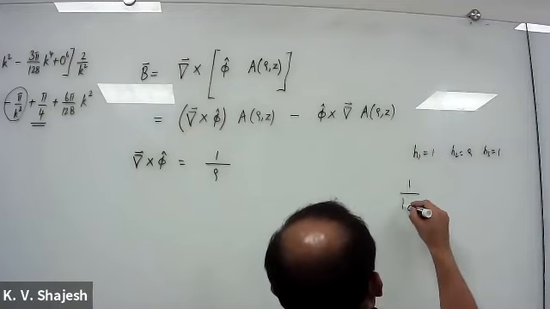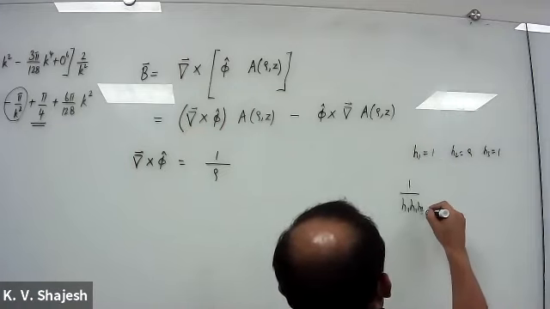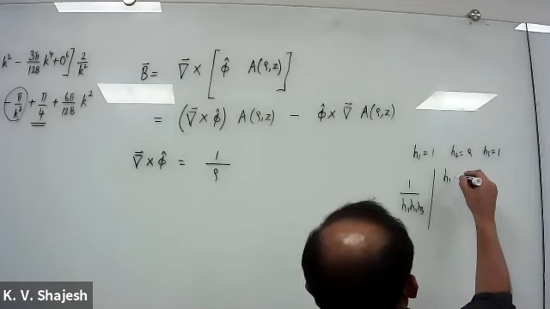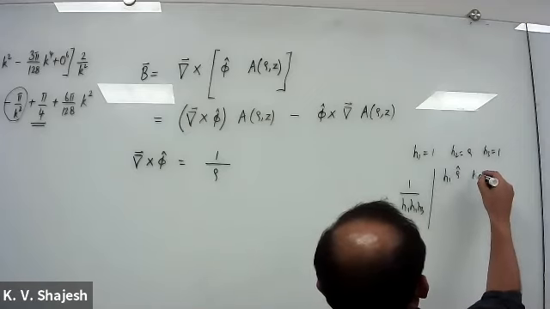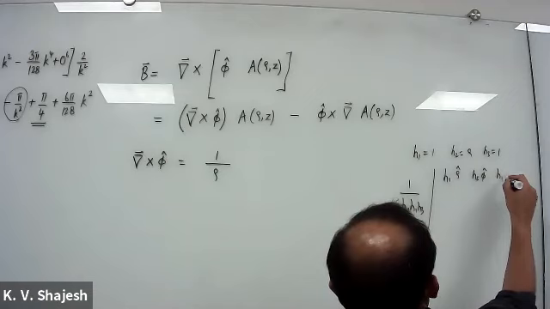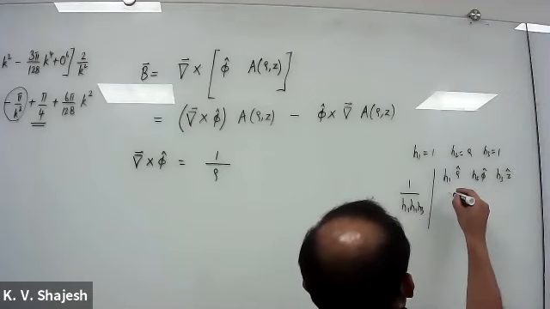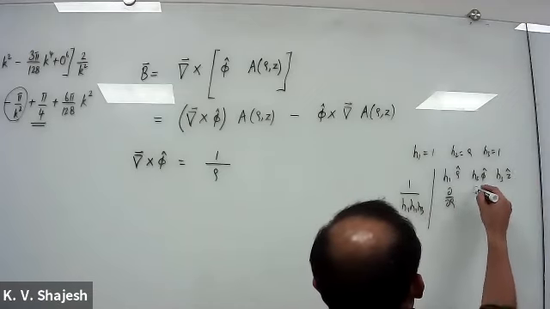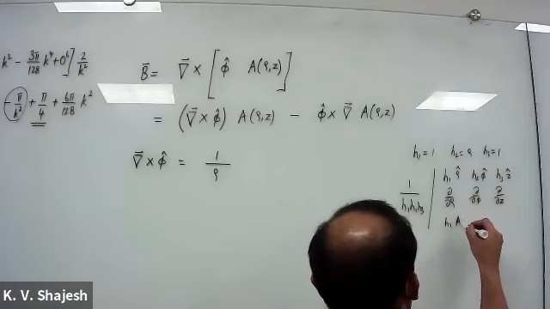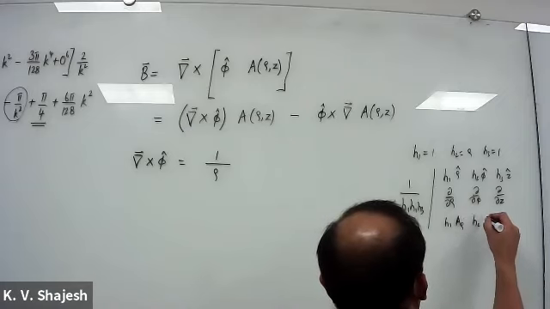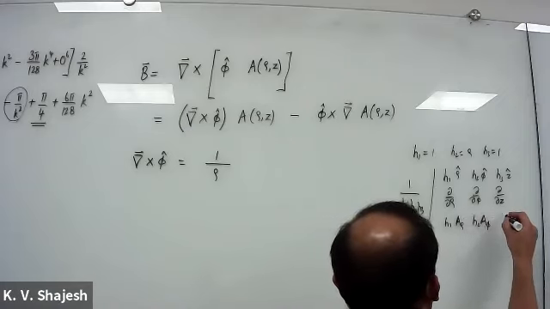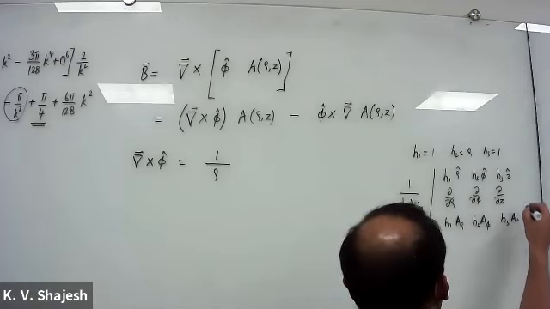The expression for del cross is: h1 rho hat, h2 phi hat, h3 z hat, then d by d rho, d by d phi, d by dz, and then h1 times A rho, h2 times A phi, and h3 times A z.